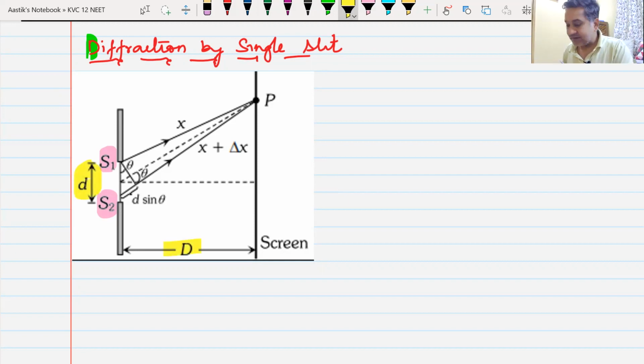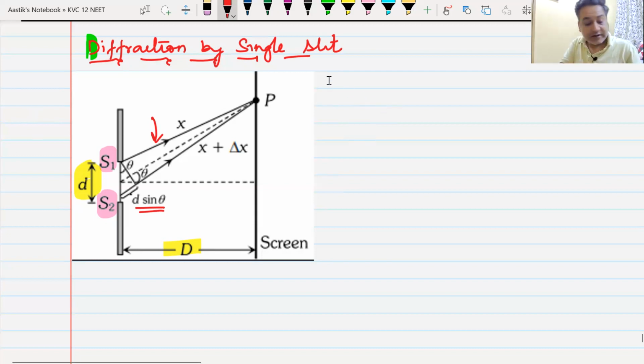Then capital D is the distance between them. One wave is going from the top of the slit. The other wave is going from the bottom of the slit. And you have the path difference between the two waves as d sine theta. Do we understand this? This is the first thing that you have to see.